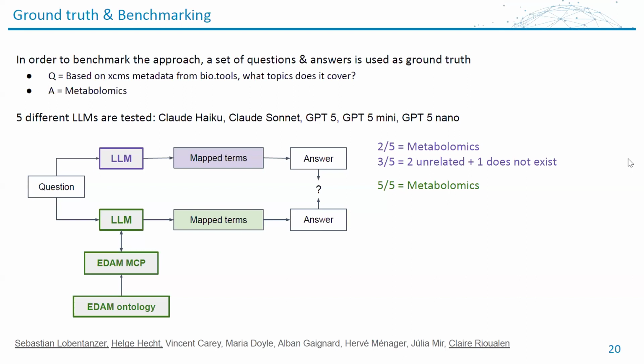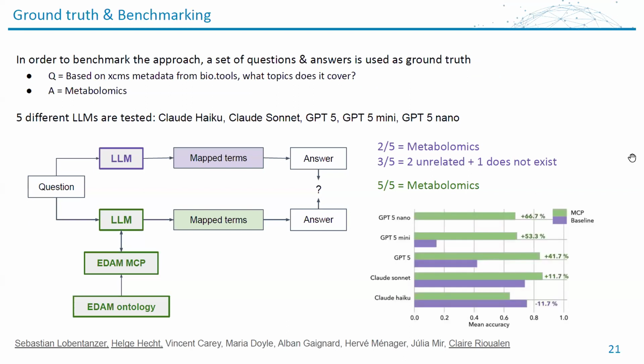For example, based on XCMS metadata from BioTools, what topics does it cover? And that would be metabolomics. Now, when we tested the approach with EDAM MCP, we had metabolomics as an answer 5 times out of 5. And with the simple LLM approach, it was just twice. The other answers were either unrelated to metabolomics or a concept that did not exist.